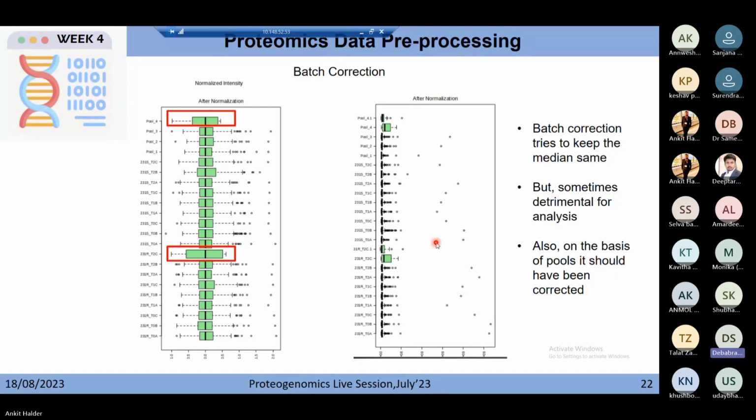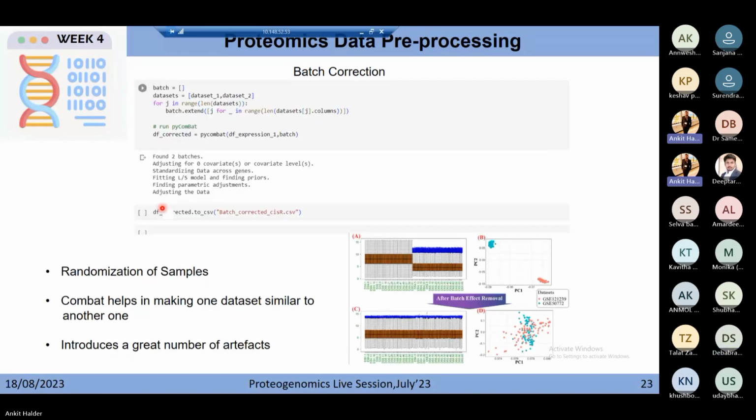Okay, so pool 1 contains an aliquot of all my samples? Yes, pool 1, pool 2, pool 3, pool 4 are actually the same, and each contains an aliquot from all of these samples. Okay, thank you.